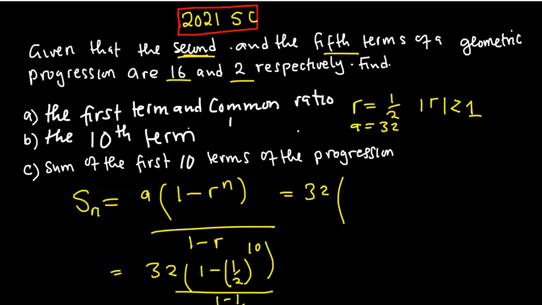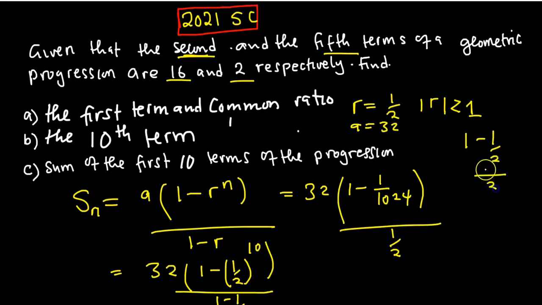What about 2 to the power 10? To me, it's giving me 1024. So 1 minus 1 over 1024, that is what is on top there. Then down here, 1 minus 1 over 2 is just going to be 1 over 2.